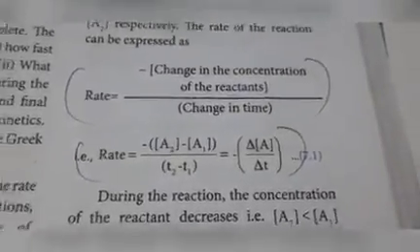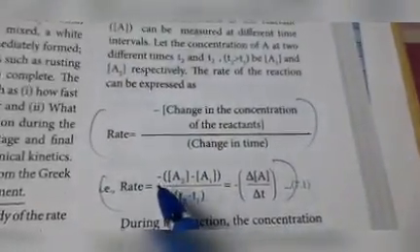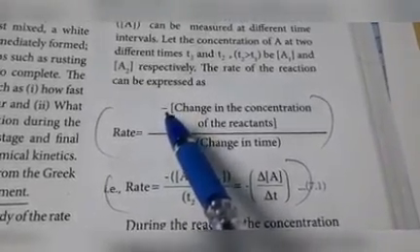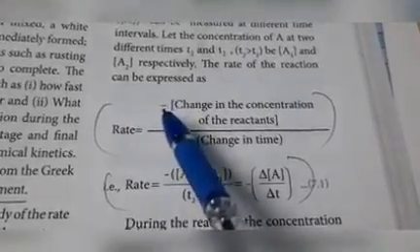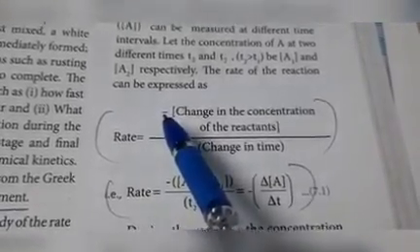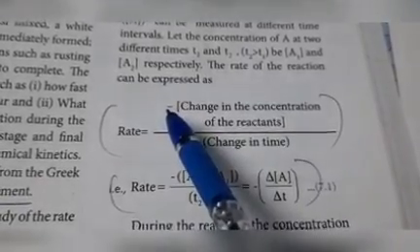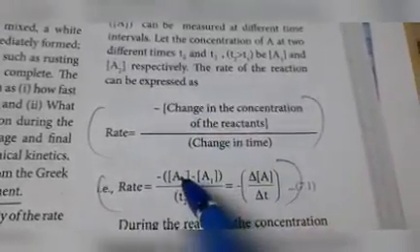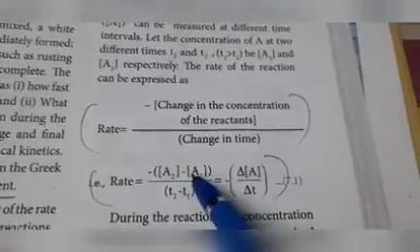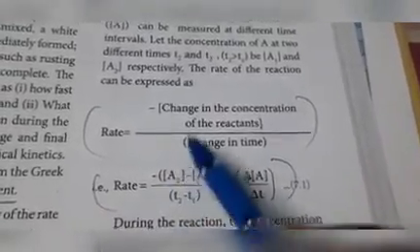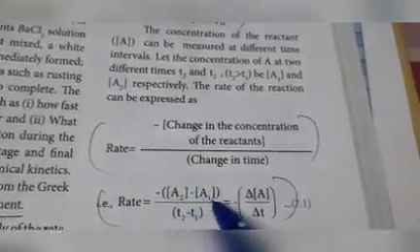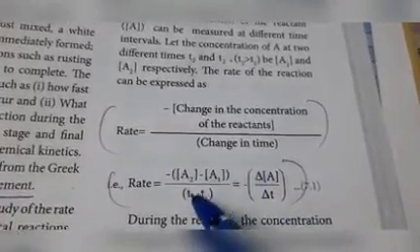One example is given. Minus, because if the reaction proceeds, the concentration of the reactant decreases. So this minus indicates the concentration of the reactant is decreased, and concentration of A2 minus concentration of A1, final state minus initial state. So change means the difference between initial state and final state, divided by change in time, initial time, final time.